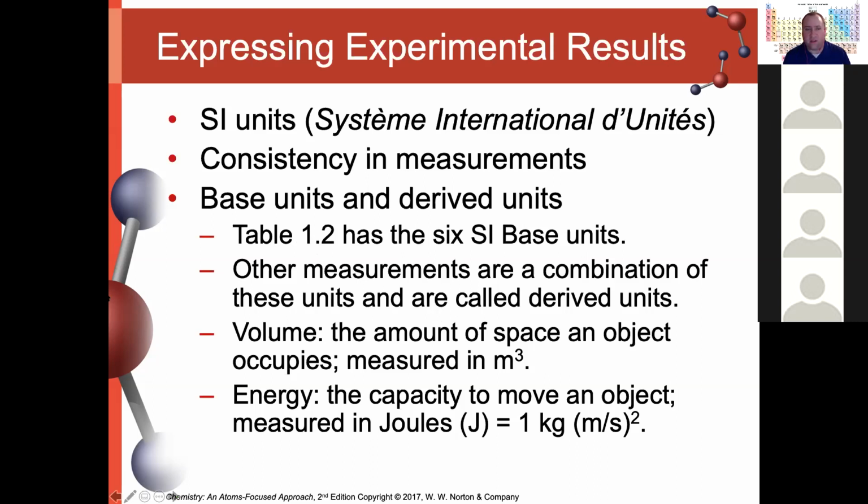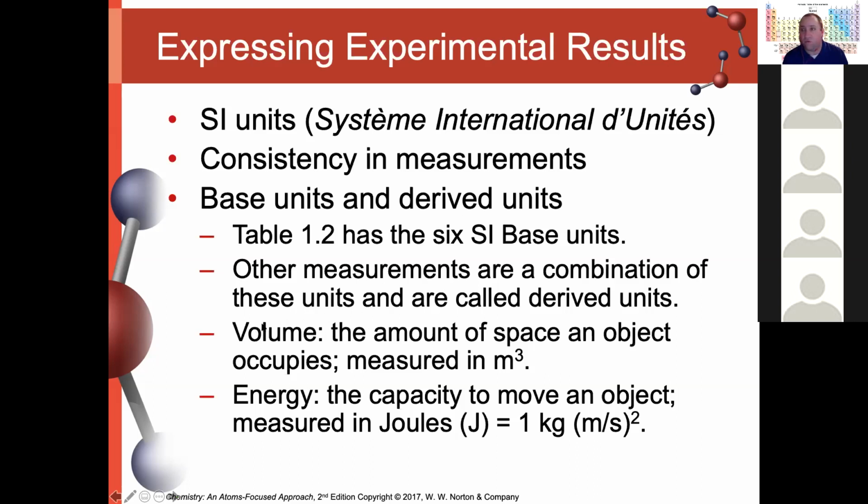So, for example, volume. Volume is not a base unit. Volume is considered a derived unit. Now, why is it considered a derived unit? Well, it's considered a derived unit because we can derive it.